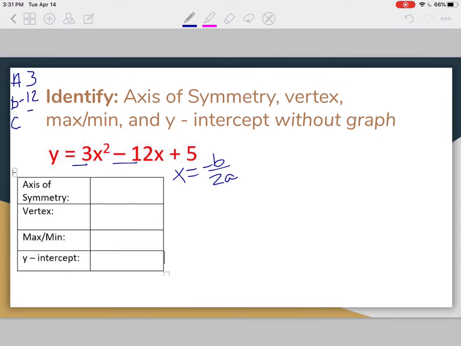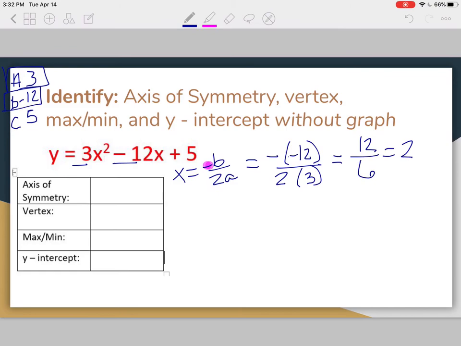And c is 5. All right, so my formula is a negative b. Keep that in mind. But then my b is a negative 12. So I'm going to have double negatives, which you know will turn positive in a second. The 2 is always there, and my a is 3. That's going to be a positive 12 over 6, which is 2. So my axis of symmetry is x equals 2.